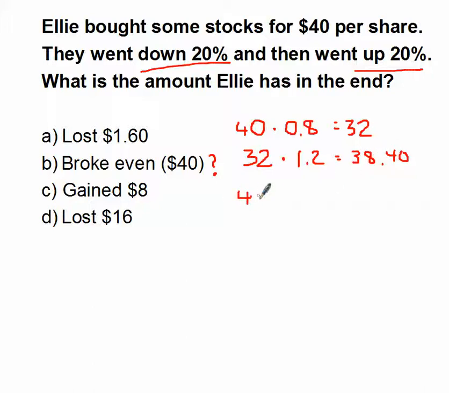Well, that's interesting. We didn't end up back where we started with at $40. In fact, if we take the $40 and we subtract the $38.40, we have, in fact, lost $1.60. Poor Ellie is down $1.60 per share. Now, let's look at that a little closer and figure out why we did not end up back at $40.